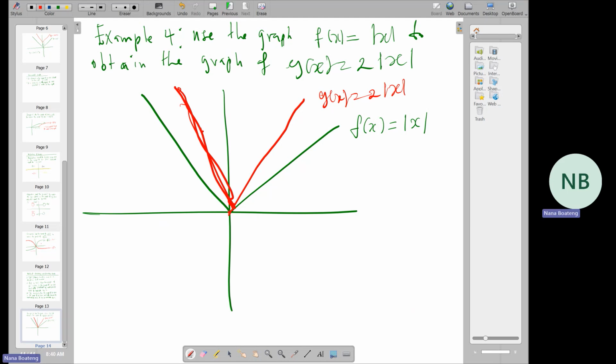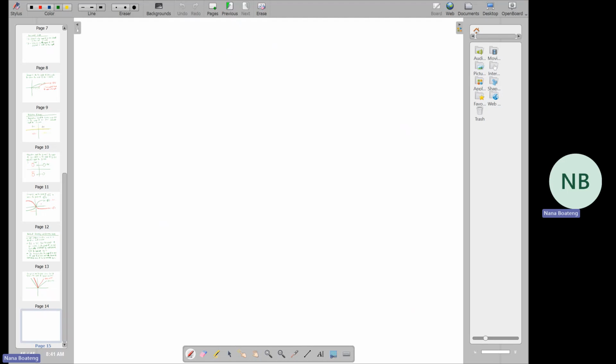All right, so let's look at horizontal stretching and shrinking of graphs.